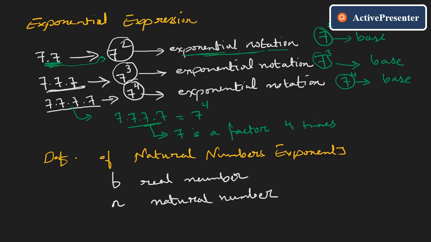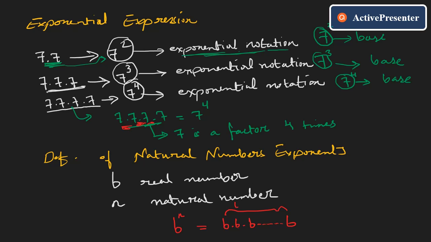The definition of natural numbers exponents is any base to the power n equals the base multiplied in itself, b multiplied in b, like here 7 multiplied in 7 multiplied 7, b multiplied in b multiplied in b multiplied, and to the last b n times.